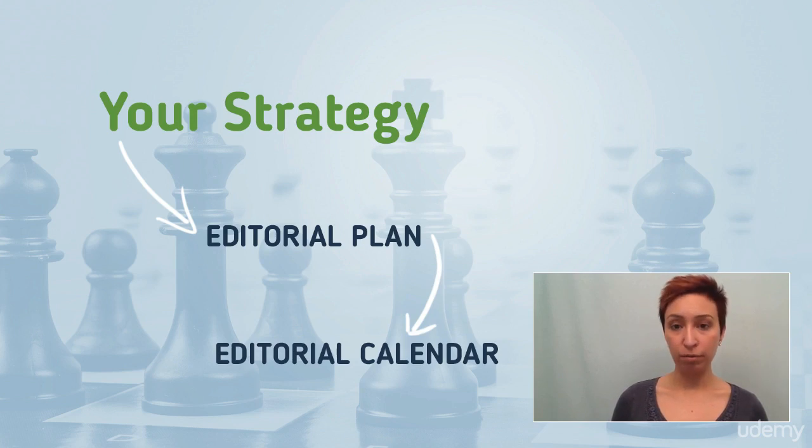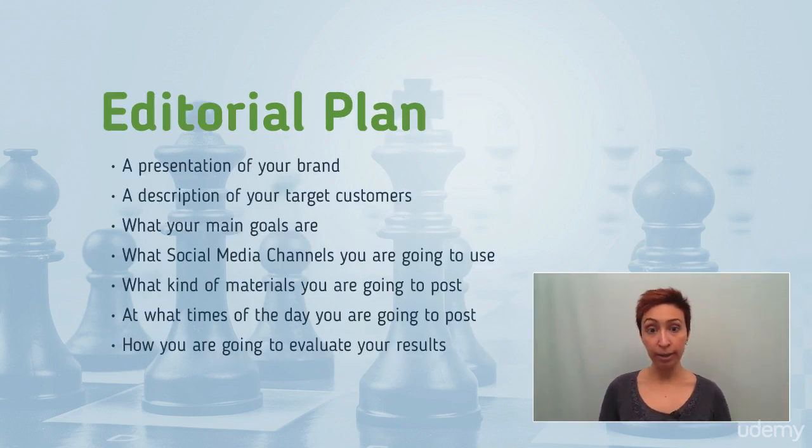In the course materials for this lecture, you can find a sample template of what I mean by an editorial plan. If you open it, you will see that it should contain the following key information: a presentation of your brand, a description of your target customers, what your main goals are, what social media channels you are going to use to promote your brand and why, what kind of materials you are going to post, at what times of the day you are going to post, and how you are going to evaluate your results.